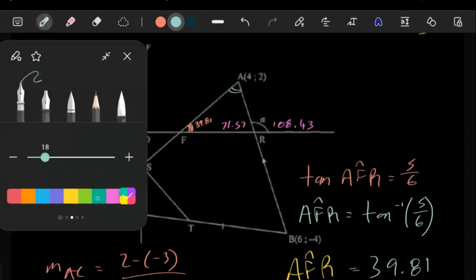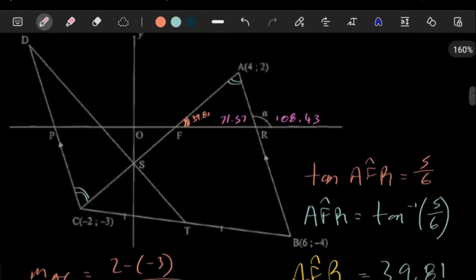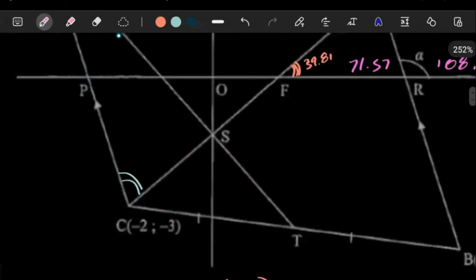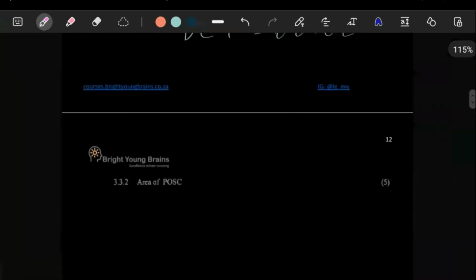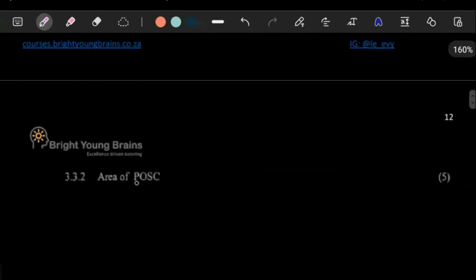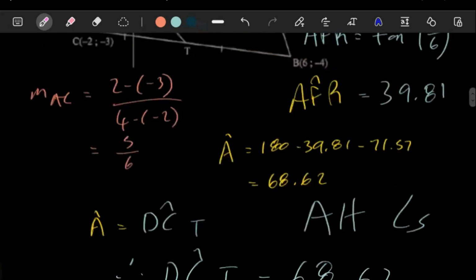So this shape that they want us to deal with looks like it's quite an interesting shape. At first glance, you would be thinking, okay, how do you even work out an area of a shape like this? Now, it being a 5-mark question, it's also one of those things where you almost want to just double check. POSC.